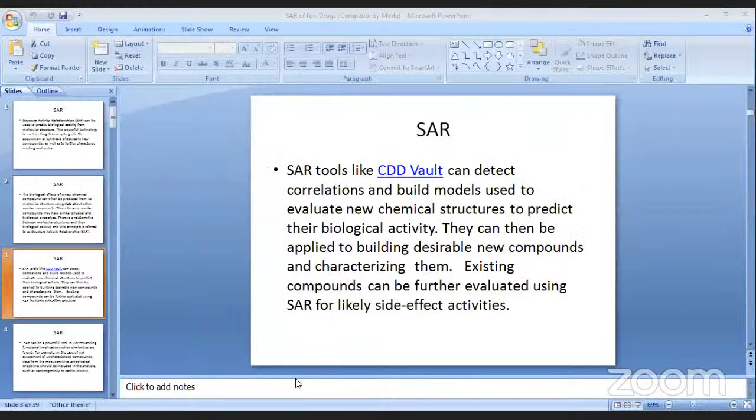So let us start with the computer drug design, CDD, by which you can rectify the existing compound.